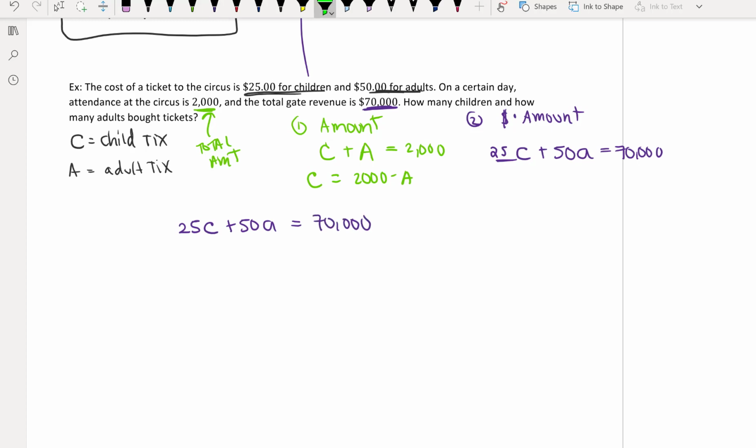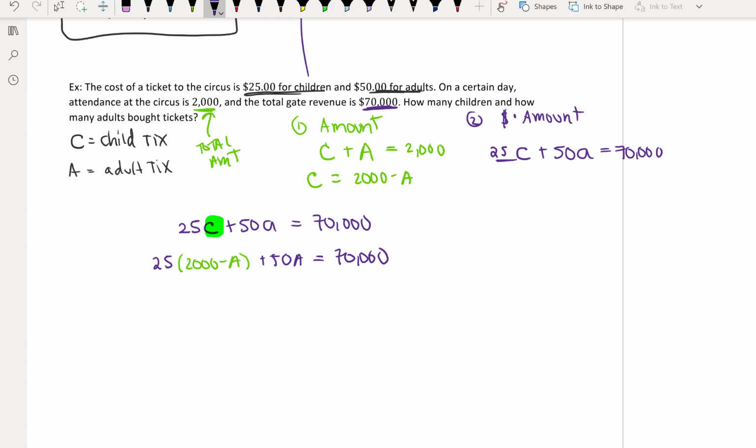If I'm doing my substitution, remember, I'm plugging in for my C value. So I'm going to have 25, and that C value that I'm plugging in is 2,000 minus A, and I have plus 50A is equal to my 70,000.